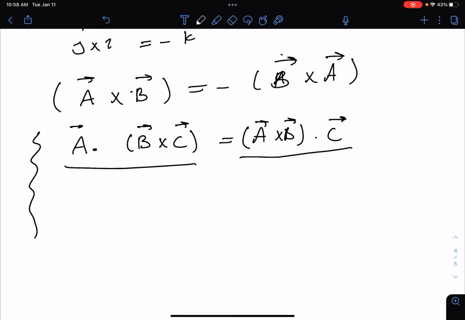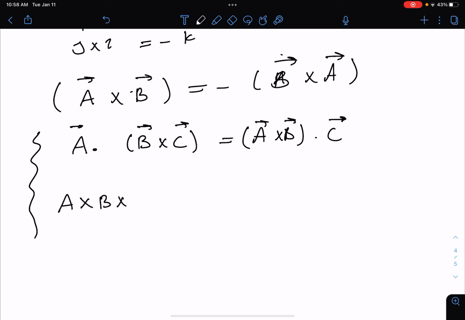It is going to be a scalar, exactly. And there's also a cross product expansion rule, which is called the BAC-CAB rule.